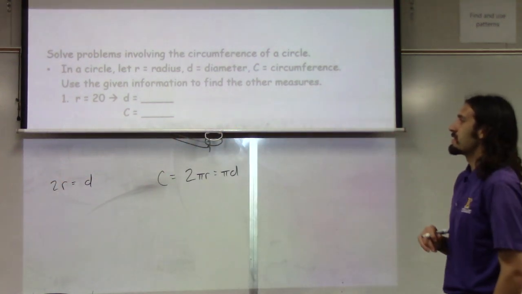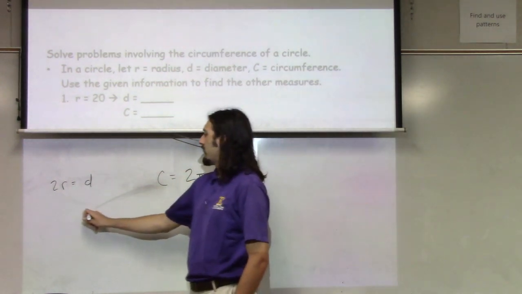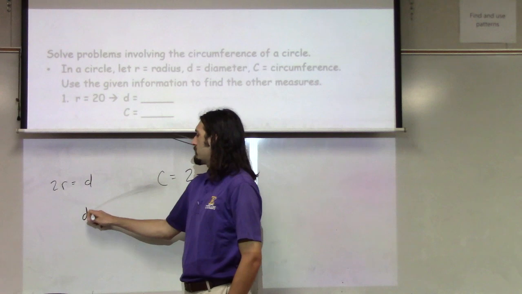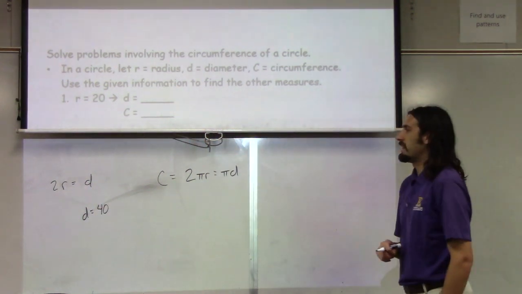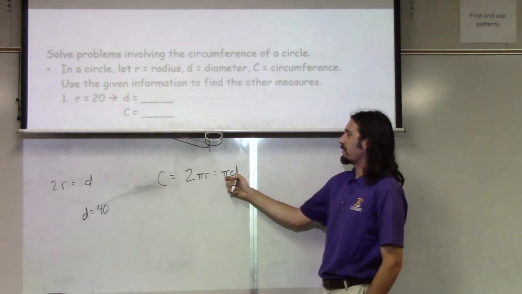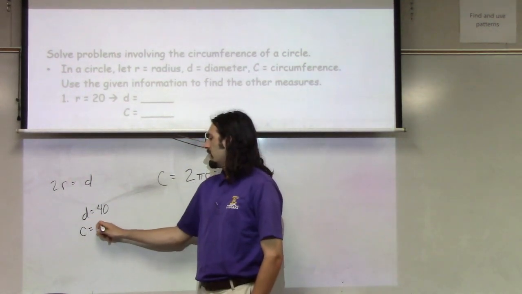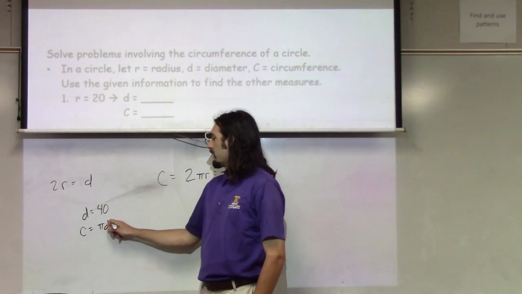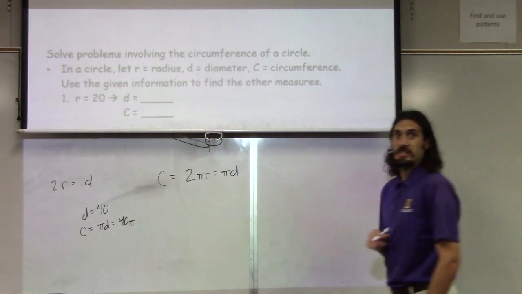And so if my radius is 20, pretty easily we can determine that the diameter must be 40, because we need to multiply by 2. And if I know my diameter is 40, if I come over here for circumference, well sure enough, circumference is going to be pi times the diameter, or 40 pi. And that's the end of what you need to solve.